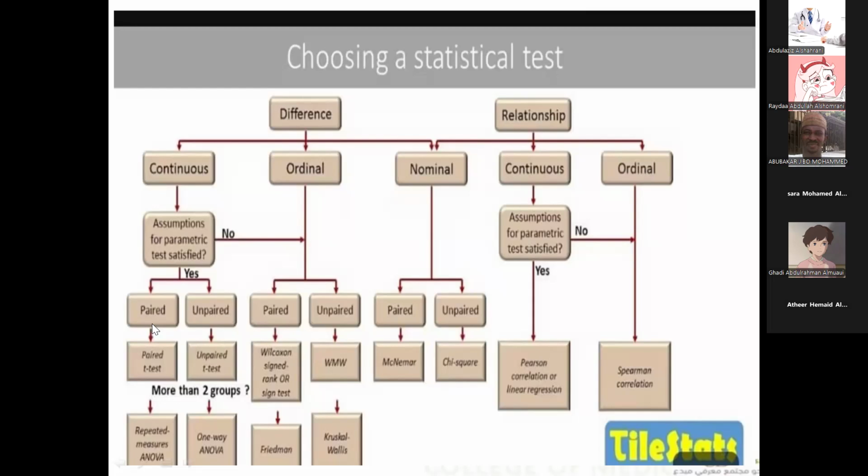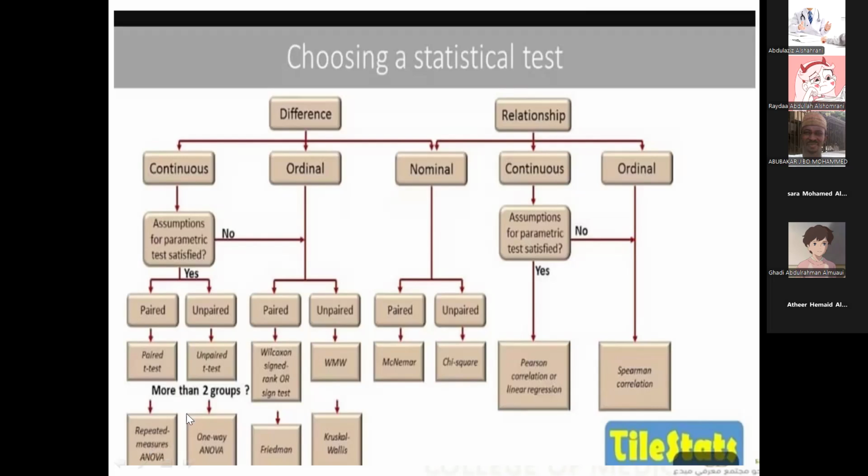Okay, so now coming to the choosing of statistical tests. If you are using the parametric and the data is normally distributed, you ask yourself, is it paired or unpaired? If it is paired, then you use paired t-tests. Now, if it is unpaired, you use unpaired t-tests. However, if the data contains more than two groups, then you go ahead and use ANOVA.